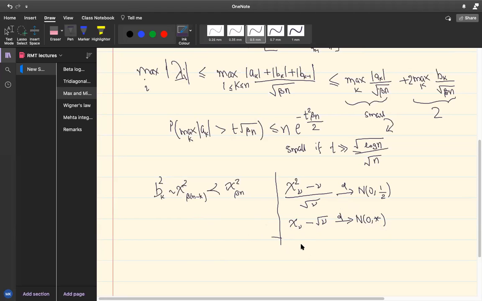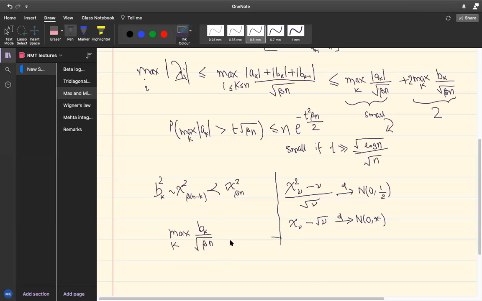Because of that, what we are looking at is the maximum of bk over square root beta n.